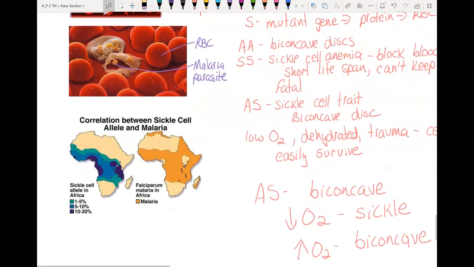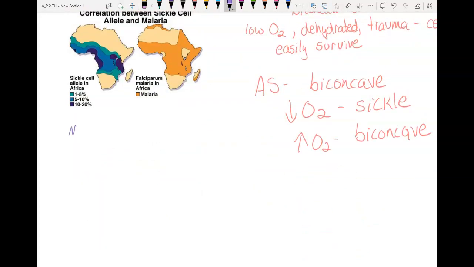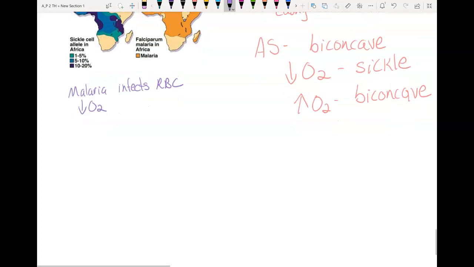As you can see, malaria infects the red blood cells. And when it does, it makes your oxygen level drop. If you are an AS person and your oxygen level drops, your cells will sickle.